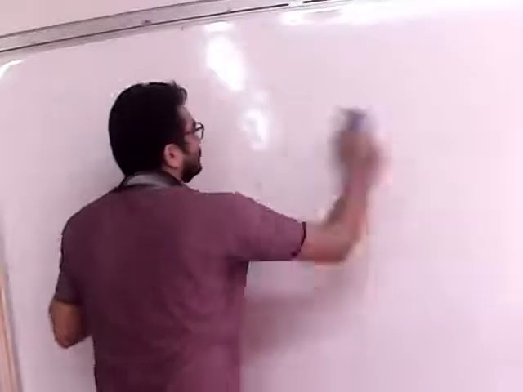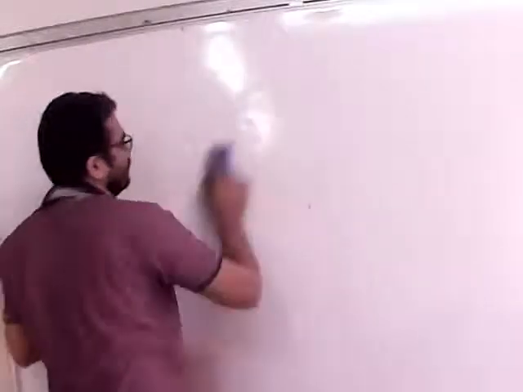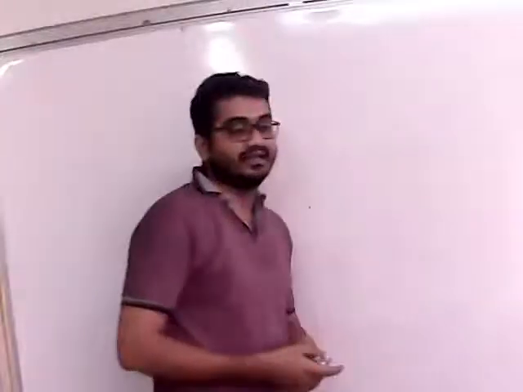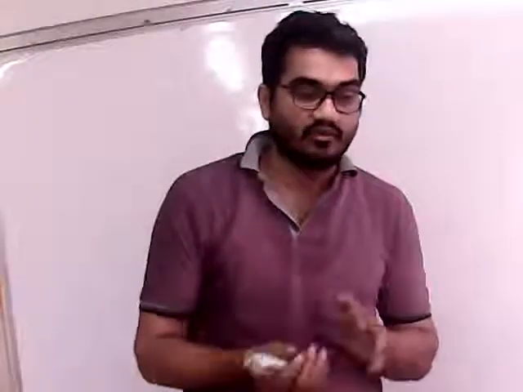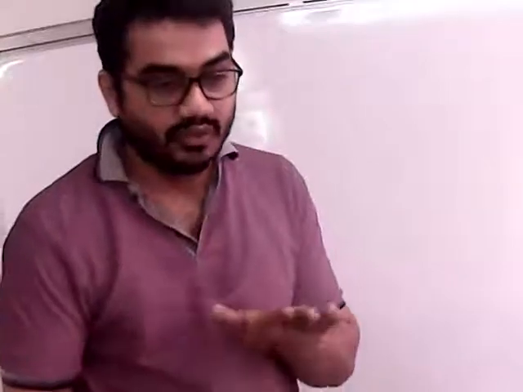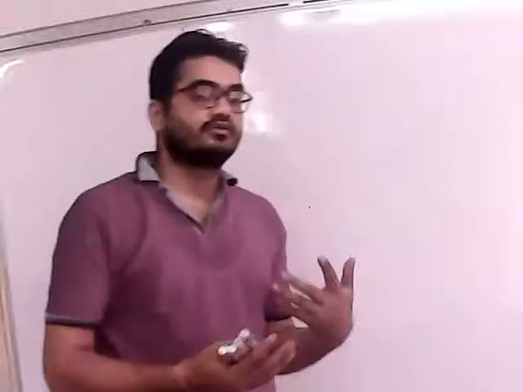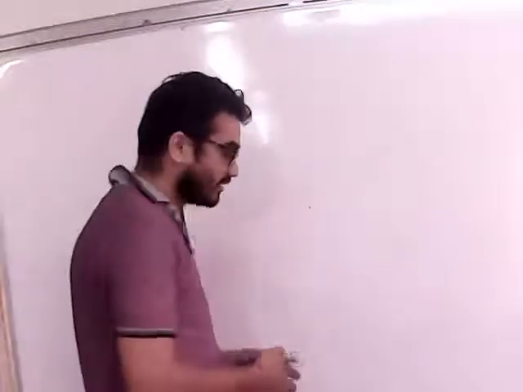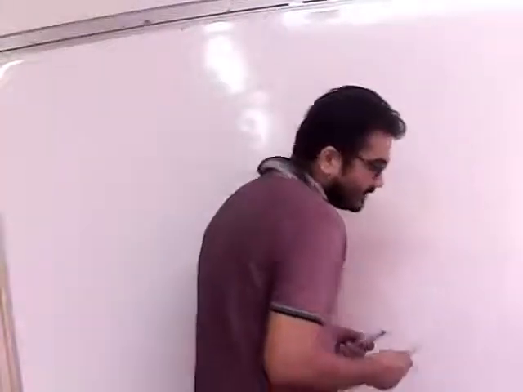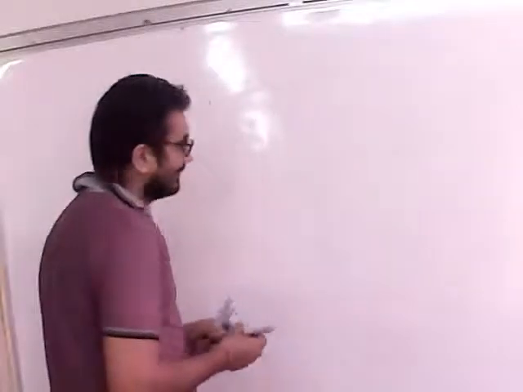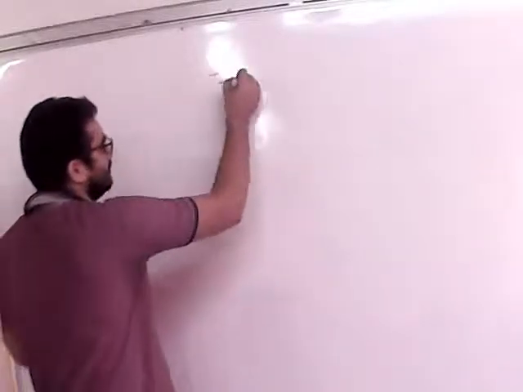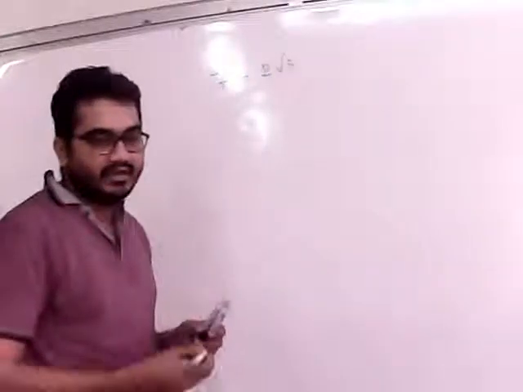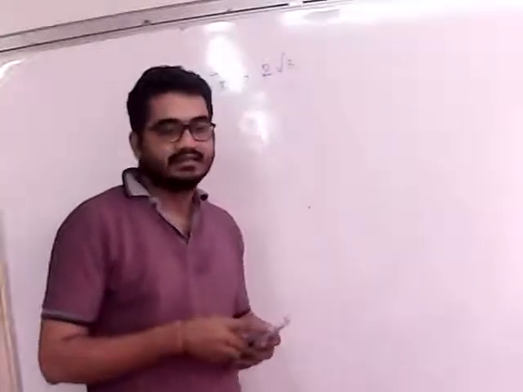Now see, what we have to think about the question: just read the question twice or thrice when you are in doubt whether you know this sum or not. You should be reading the question twice or thrice to get a clear idea of what the question is asking. So the question is asking to prove that 7 minus 2 root 3 is an irrational number.